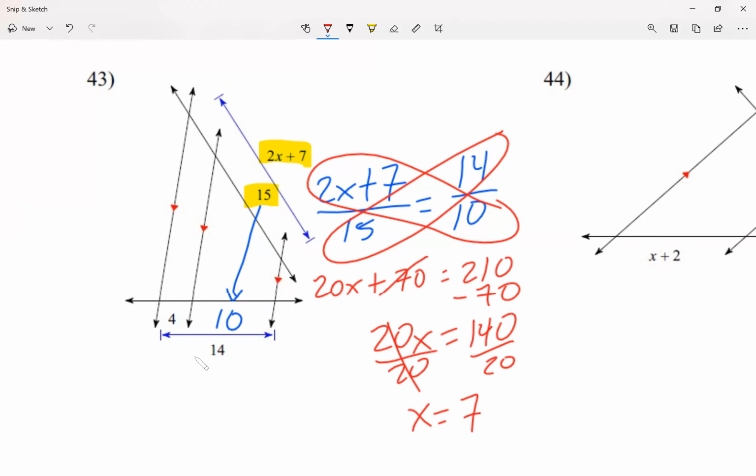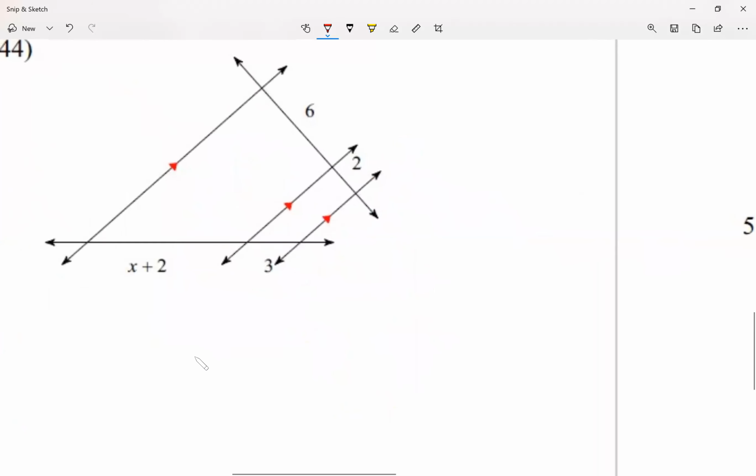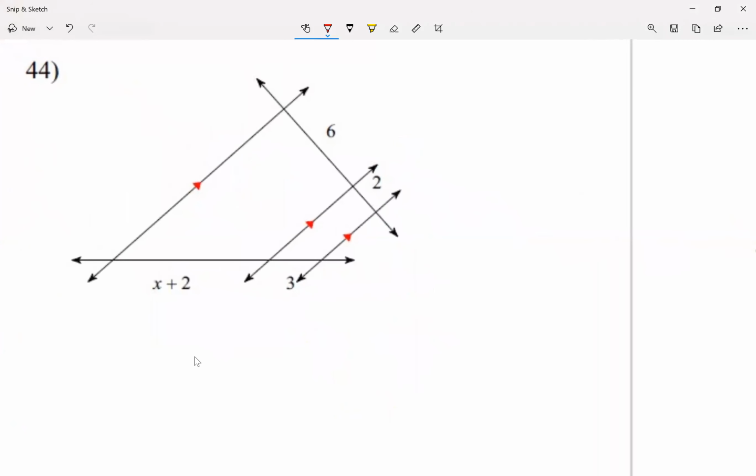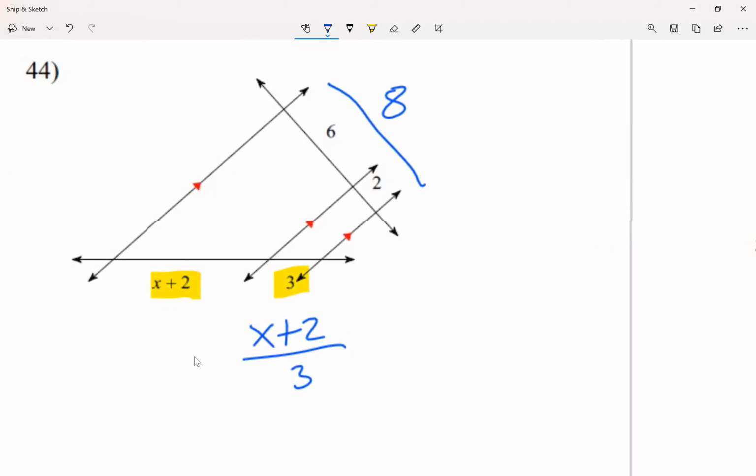All right, let's take a look at our last question for today. Focus on the side that is all numerical. I'm going to say this whole side right here is 8, because 6 plus 2 is equal to 8. Now, on the side that has x, I'm going to make a fraction with those two values, x plus 2 over 3.